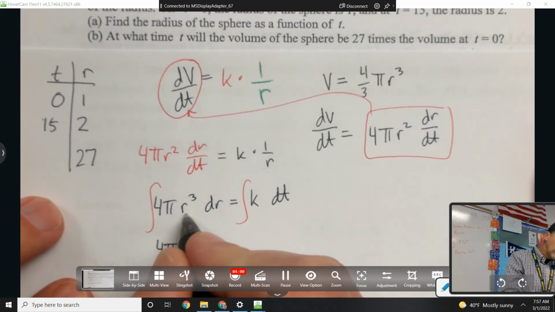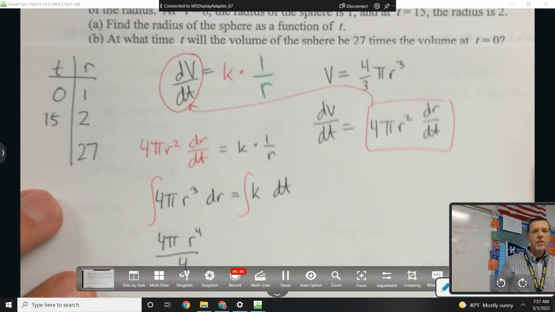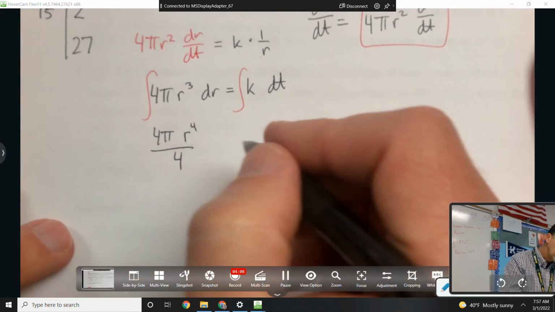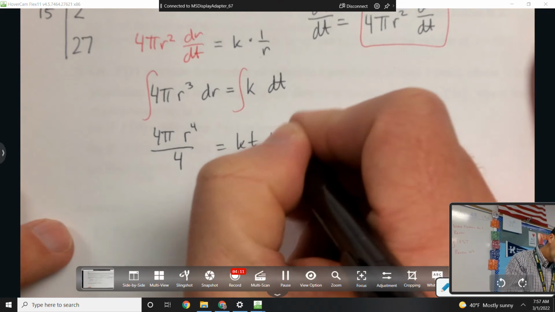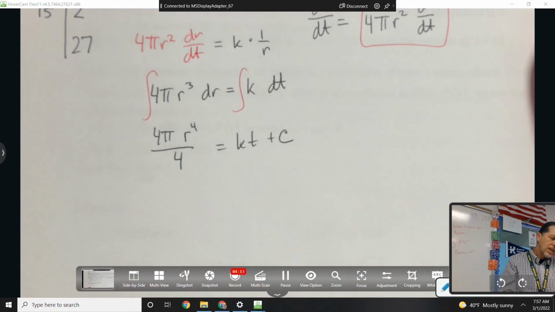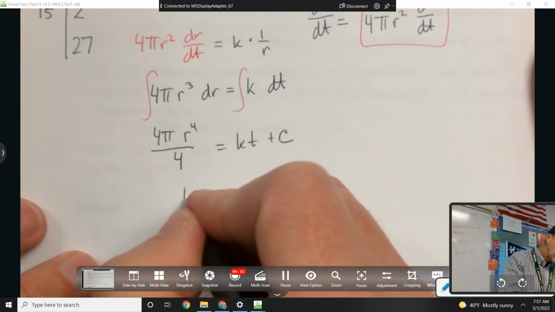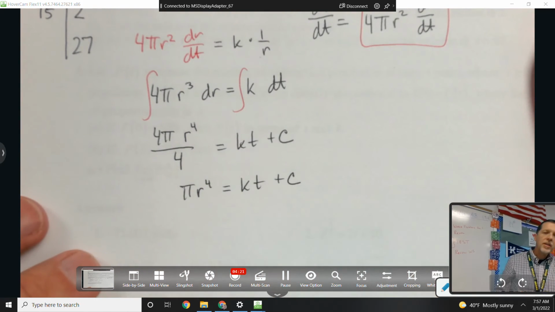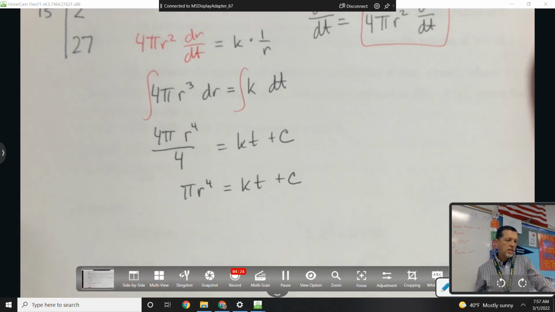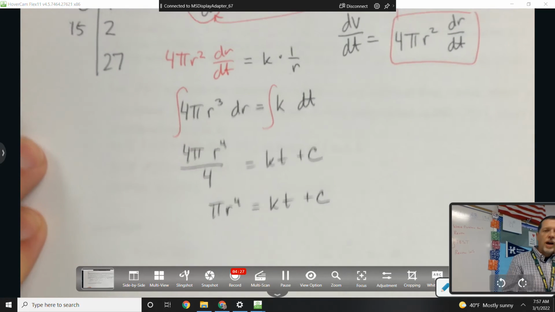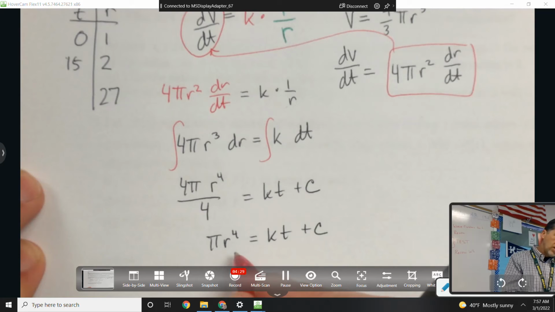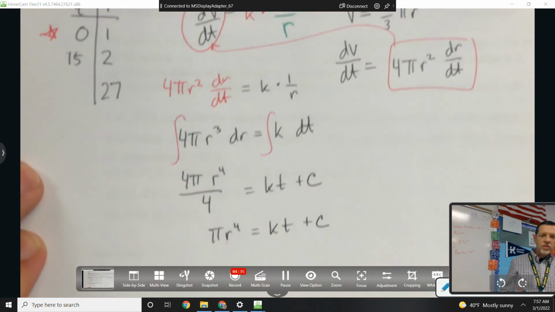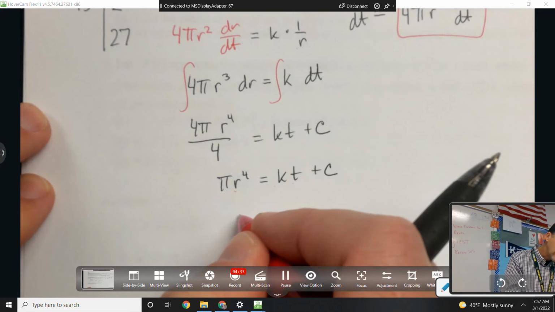So the integral of r cubed would be r to the 4th over 4. So that was a great plan to leave it there, because now the 4's cancel. kt plus c on the other side. So pi r to the 4th equals kt plus c. Now r and t are the variables, k and c are the constants, but I've got 2 pieces of information, so I should be able to get these constants.